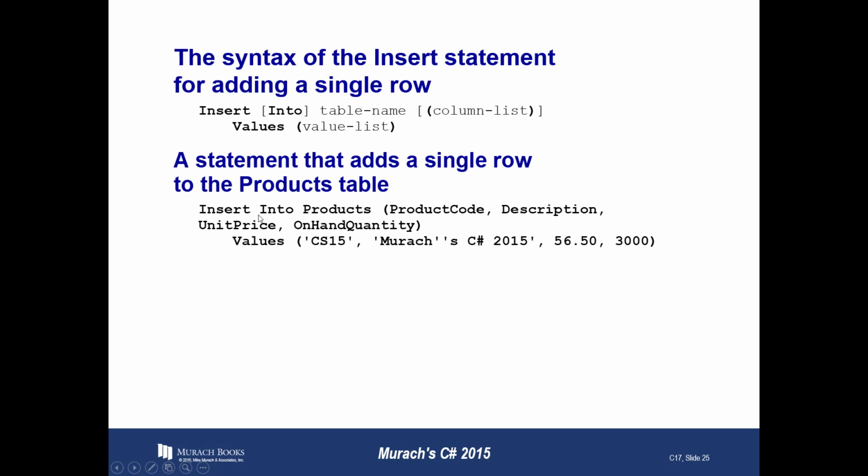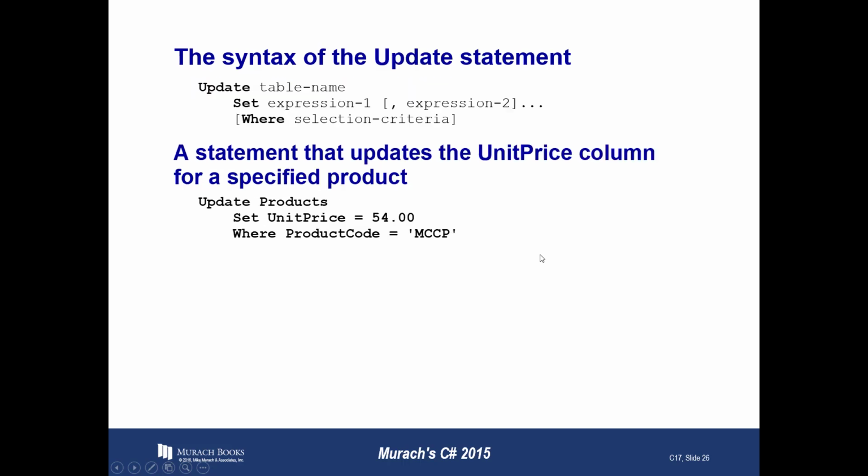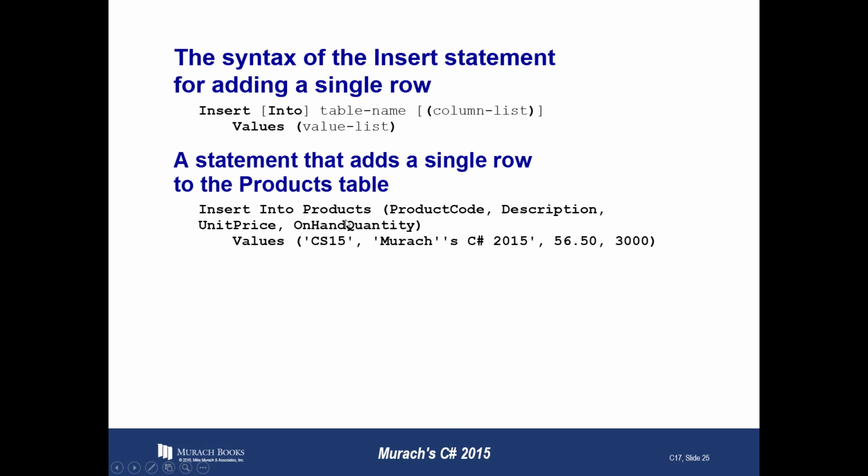So it's insert into the table, then typically you put in a set of parentheses all of the field names, the word values, then another set of parentheses with the actual raw data that you're putting in. Insert will not work if I already have a record in my products table with a product code of CS15.